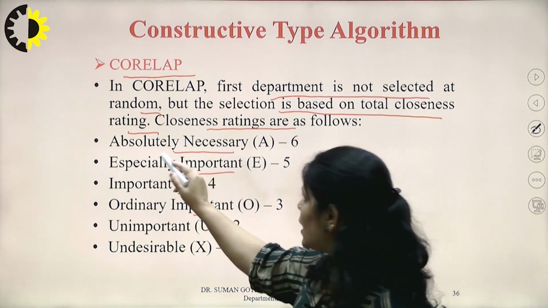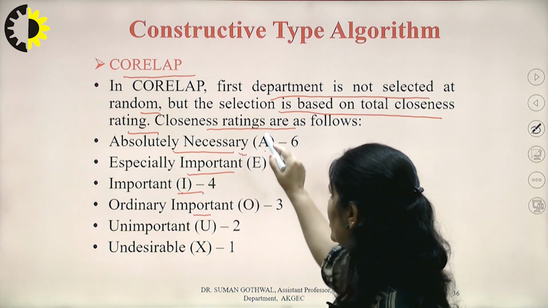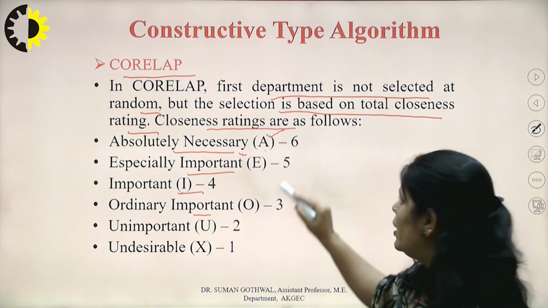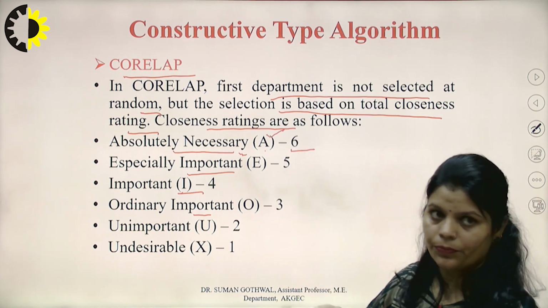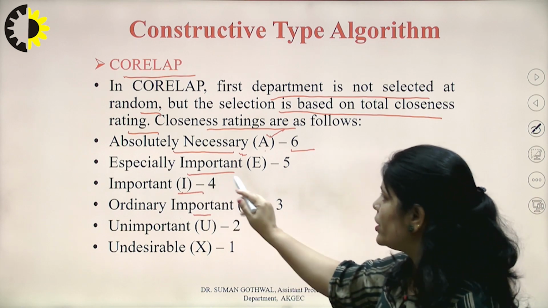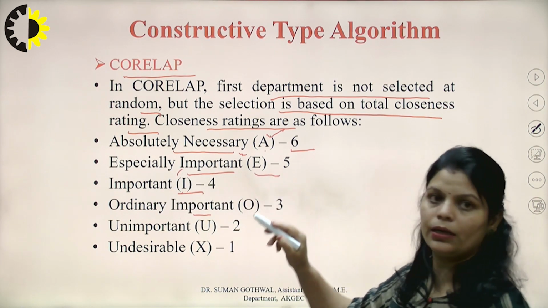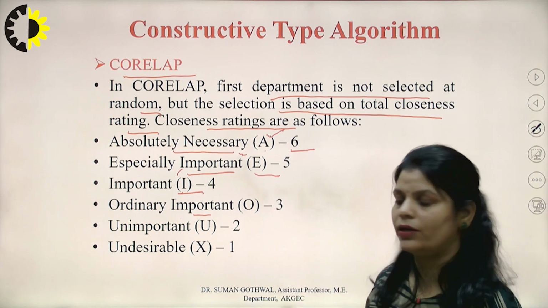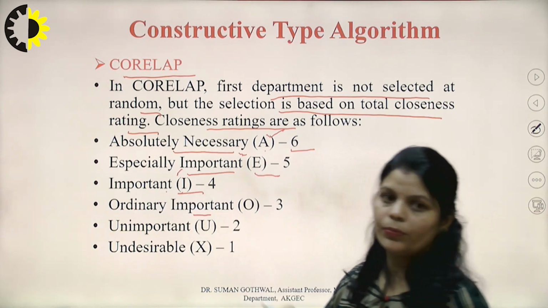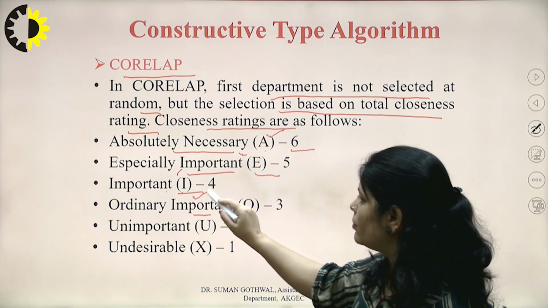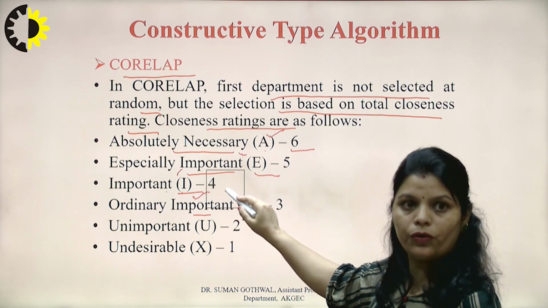Like for the absolute necessity, we are using symbol A and its value is 6. For the second category, especially important, we are using symbol E and its value is 5. For third one, important, we are using the symbol I and its value is 4.